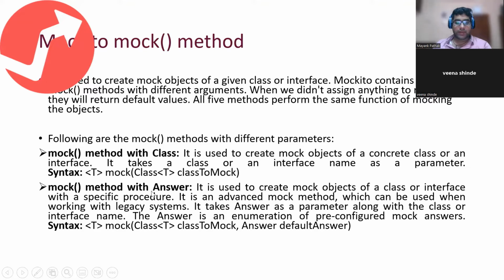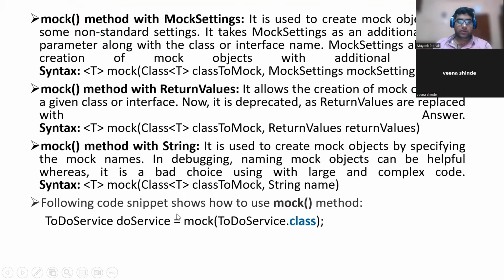Then we have a method with answer. It is to create mock objects of a class or interface with a specific procedure. Basically, there are others like with mock settings, return values with a string.